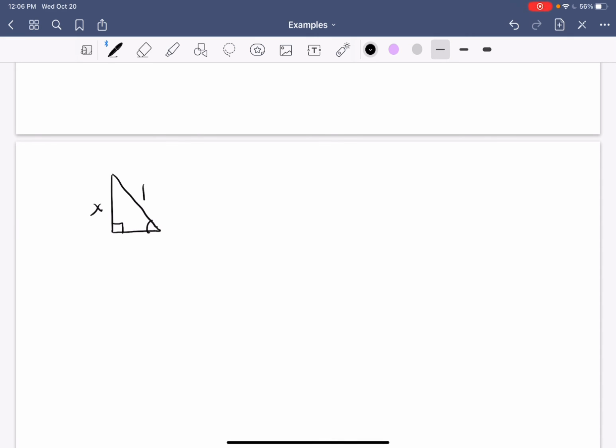Now, in order to find the adjacent, we need to use the Pythagorean theorem to find a. So we will solve for a. And 1 squared is just 1.